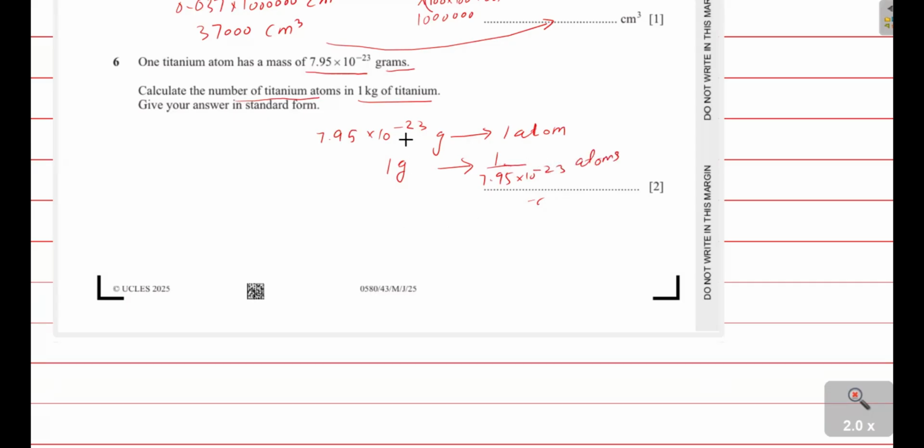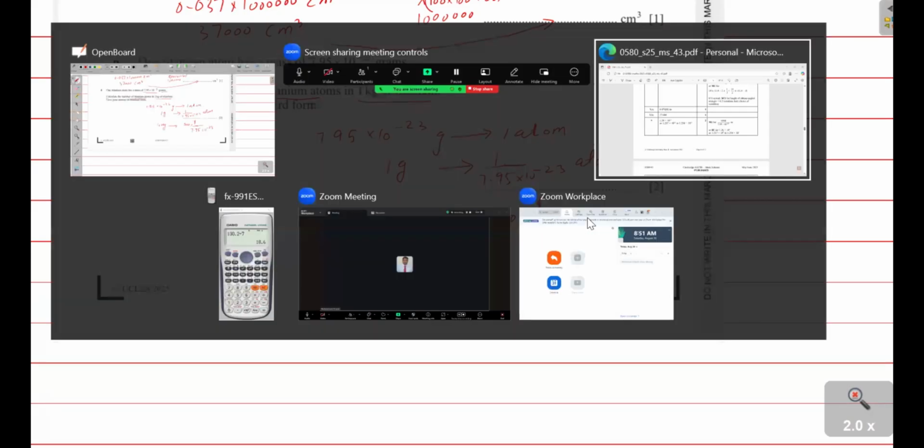And 1 kg means 1000 gram. In the 1000 gram, the number of atoms would be equal to 1000 multiplied by 1 over 7.95 into 10 power minus 23. And we can calculate the value by using the calculator.